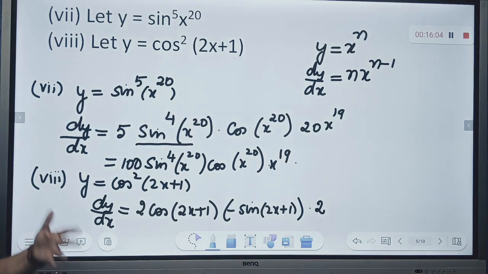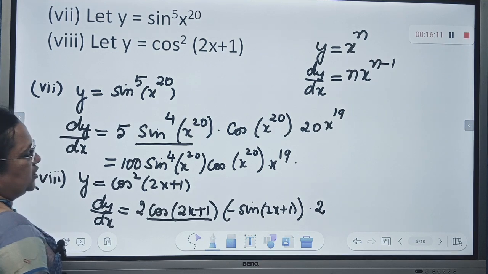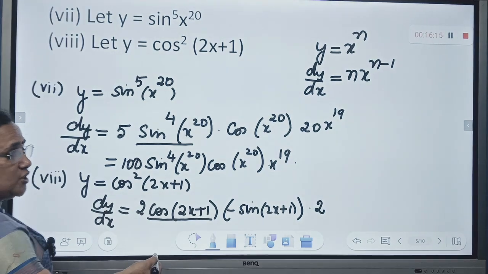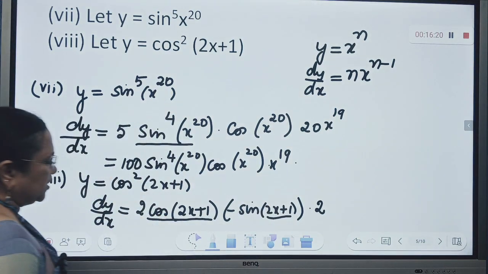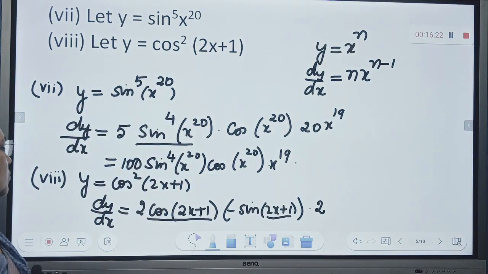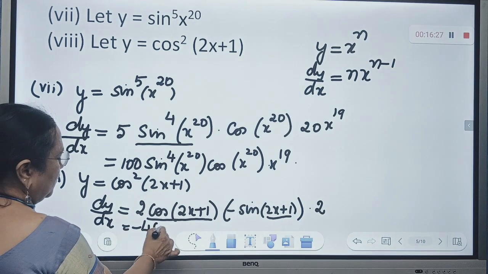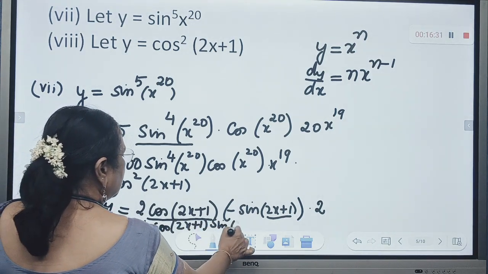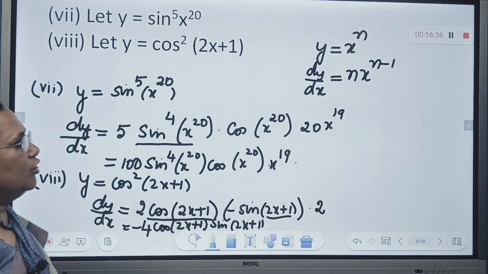Like x square, the derivative you know is 2x. So 2 cos of (2x plus 1). Then I am differentiating cos of (2x plus 1). That itself is a composition of two functions, the cosine function and 2x plus 1. So minus sin of (2x plus 1). Then I am differentiating 2x plus 1 alone, which is 2. So minus 4 cos of (2x plus 1) into sin of (2x plus 1). Are you all able to follow the chain rule?